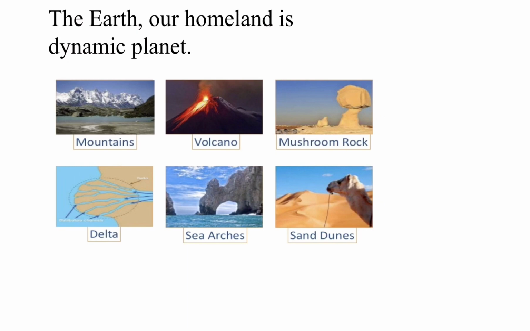Now you can see the pictures of these different landforms like mountains, mushroom rock, delta, sea arch and sand dunes. These are the different types of landforms which are the result of various activities like weathering, erosion, deposition, etc. And all these changes are taking place on the earth's surface.